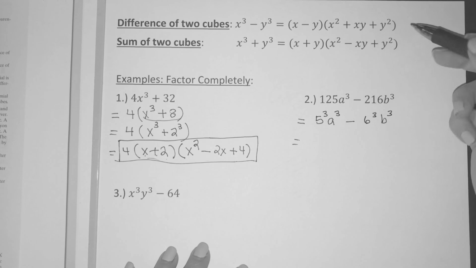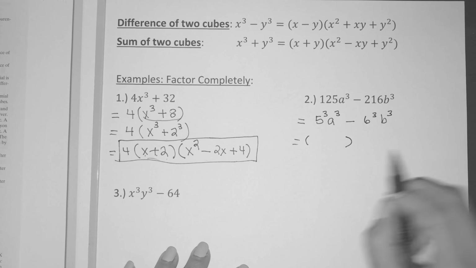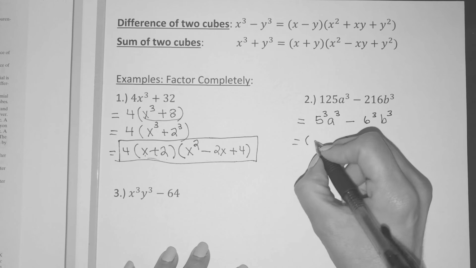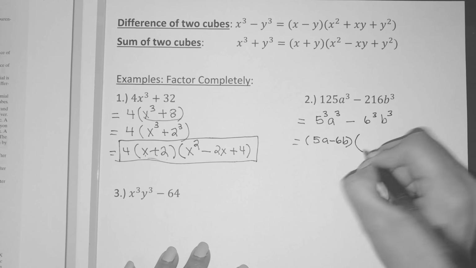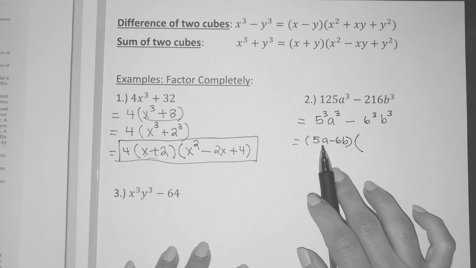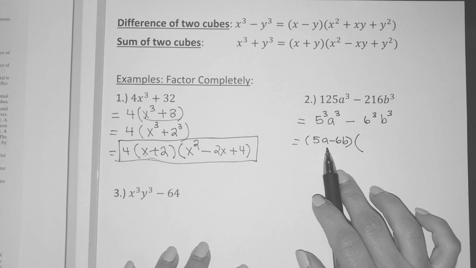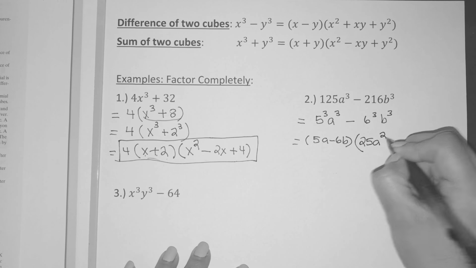So we're applying the first formula. For the first part, you write whatever you have here, but without the exponents: 5a minus 6b. And then the second part, you're going to square the first term. I have to square 5 and square a. So that's 25a squared.